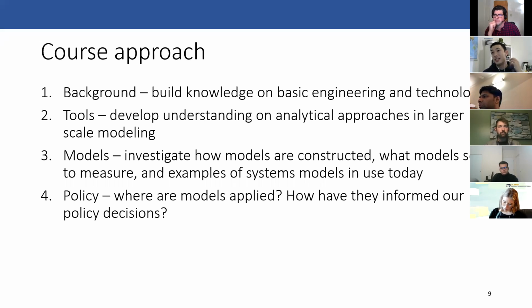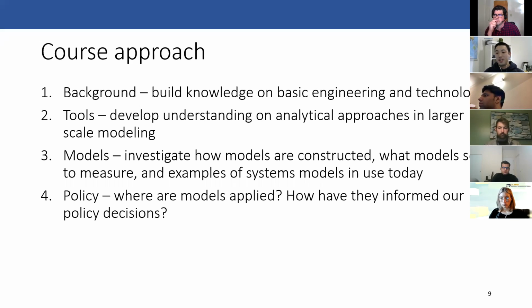And so in a lot of this portion of the course, we'll be doing an overview of those types of models and how they work. But in terms of hands-on experience, a lot of the stuff that you will be playing with is going to be a little bit more simplified.